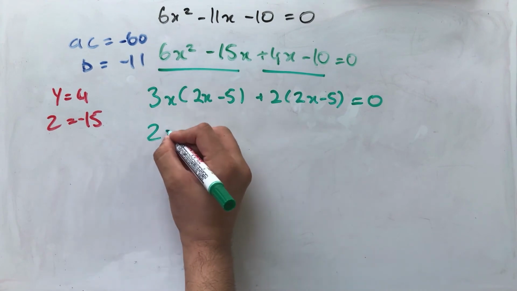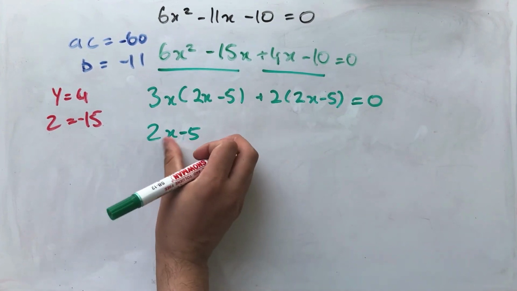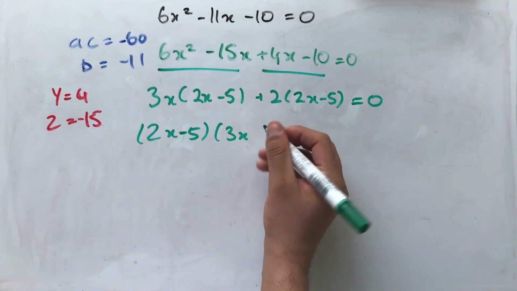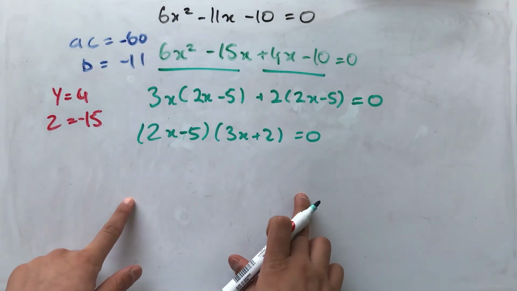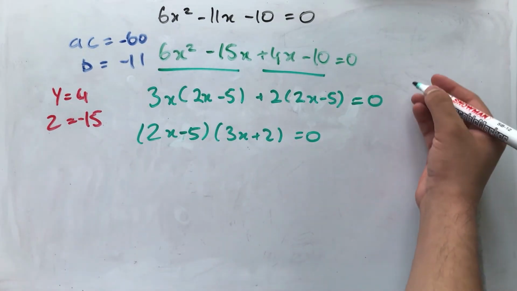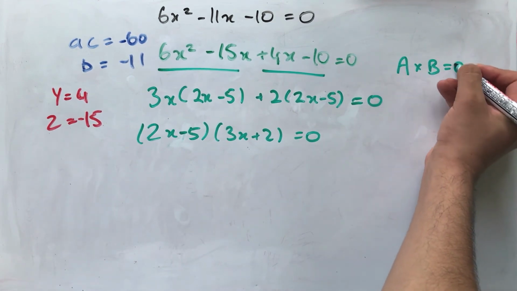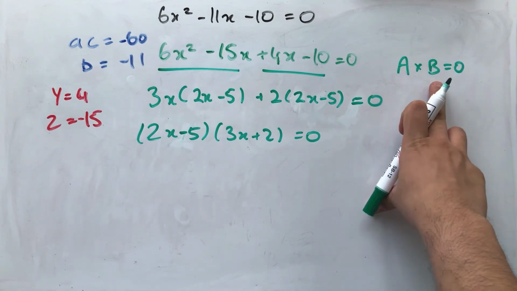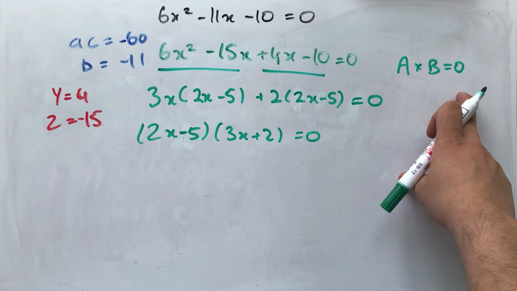Now we do the same old thing. 2x minus 5, in brackets, into 3x from here and plus 2 from here is equal to 0. Now, if I was to tell you that there's two numbers, a times b, and they equal 0, you can easily tell me that at least one of these, if not both of them, are equal to 0.